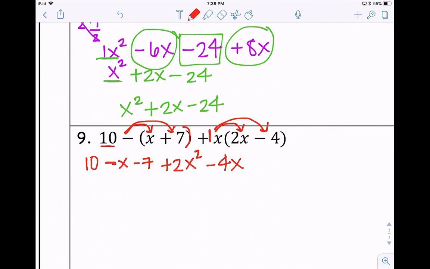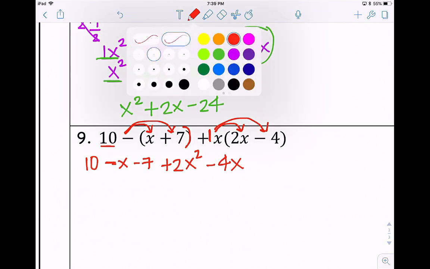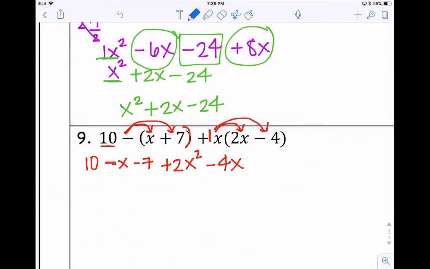And now we're going to combine like terms. So maybe you remember we always start with the highest degree. So I'm going to start with a 2x squared. I don't have any other x squared, so I'm just going to bring that down. That's going to be my first term, 2x squared. The next terms are going to be my x's. So negative x and negative 4x are going to go together.